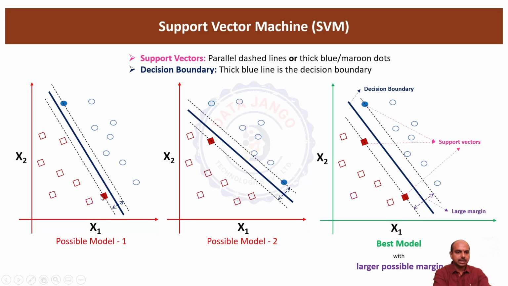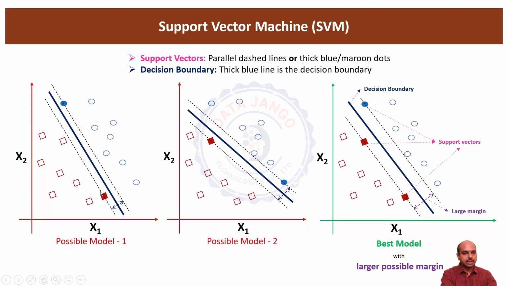If it chooses this as a support vector from red squares, and this as a support vector from blue circle, right? It is going to make a vector, and then exactly in the middle of it is going to do a decision boundary. Okay, so there are three possibilities here.